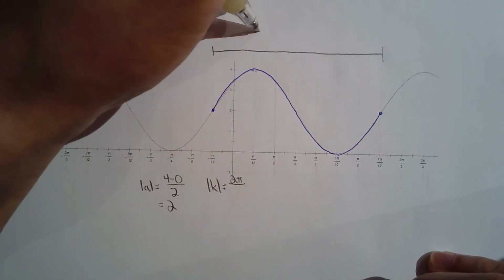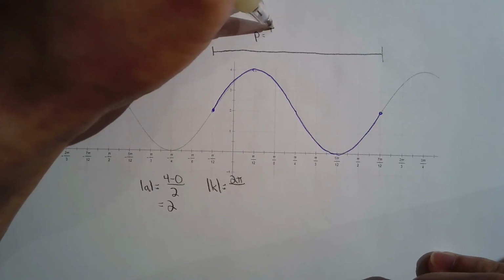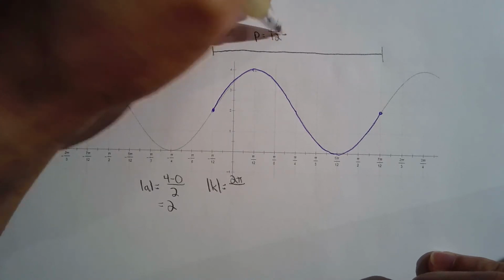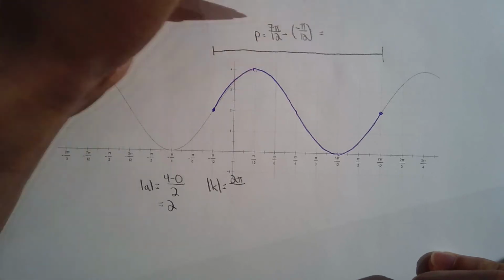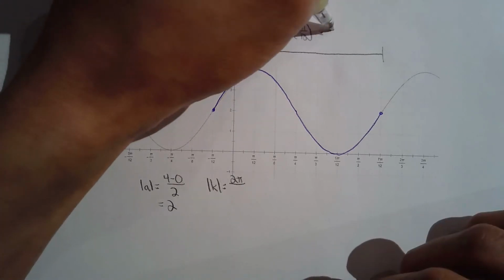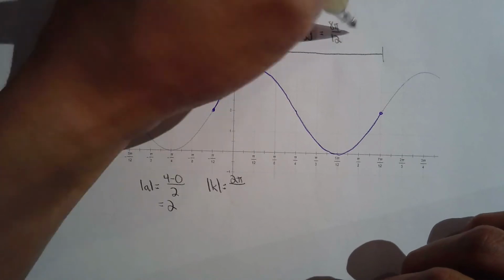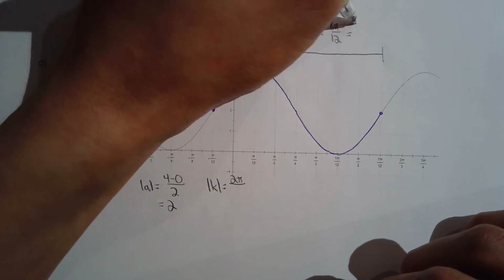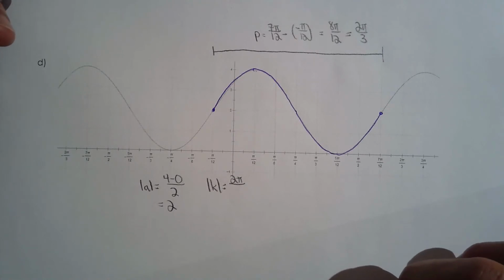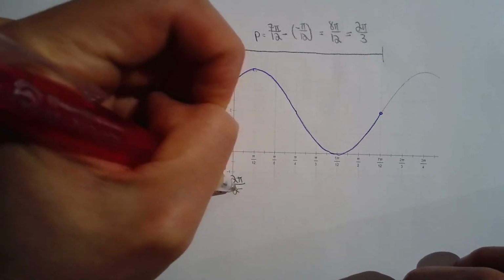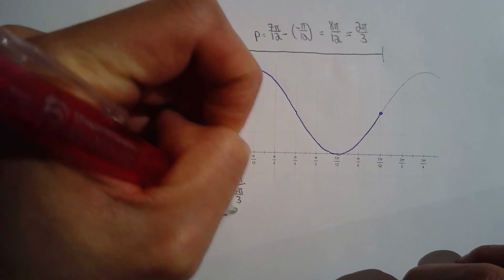So the period is 7 pi over 12 minus -pi over 12, which is equal to 8 pi over 12, which is equal to 2 pi over 3. So the period is 2 pi over 3. That means the k value is 3.